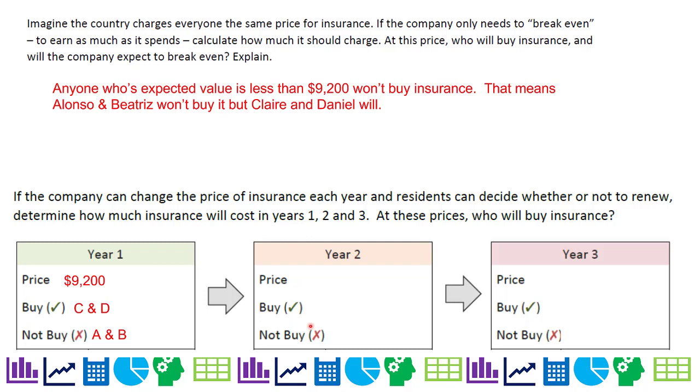So now let's calculate for year 2 what is the expected value of insurance. We have $10,000 for Claire and $20,000 for Daniel. Remember, those are the expected values on the previous slide.